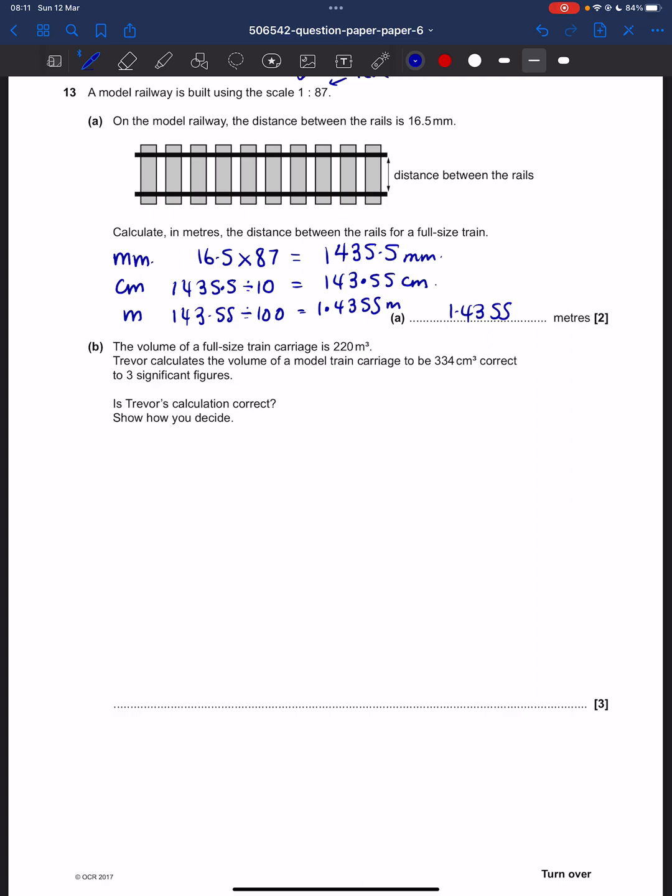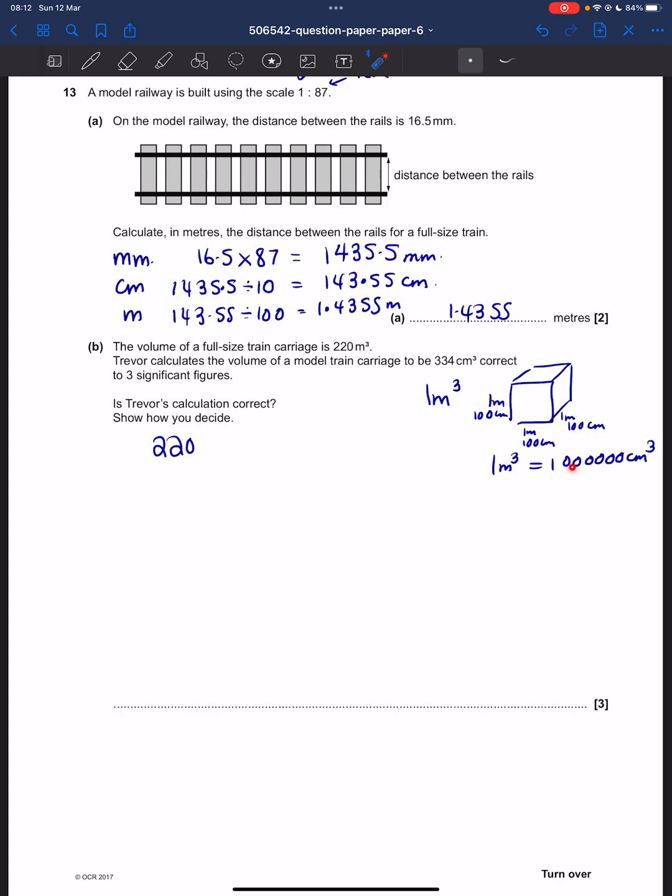Okay. So first of all, what we've got to remember, let's write 1 metre cubed. If you think about a metre cubed, there, 1 metre, that's 100 centimetres. So actually 1 cubic metre is 1,000,000 cubic centimetres, because it's 100 times 100 times 100.